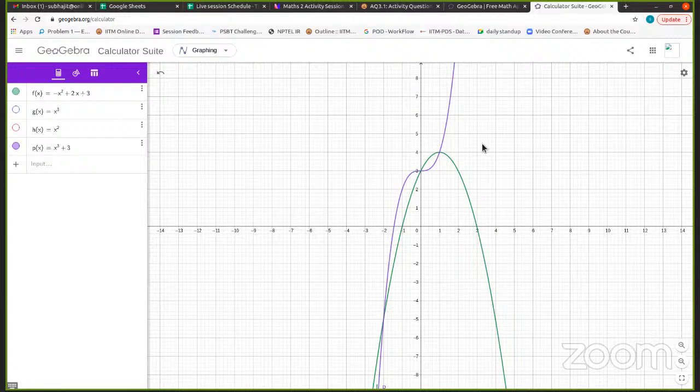In the y equal to x cube graph you are seeing, just before 0 the concavity is down, and just after 0 the concavity is up. Actually, I do not understand this concavity. Okay, then you will get it later.